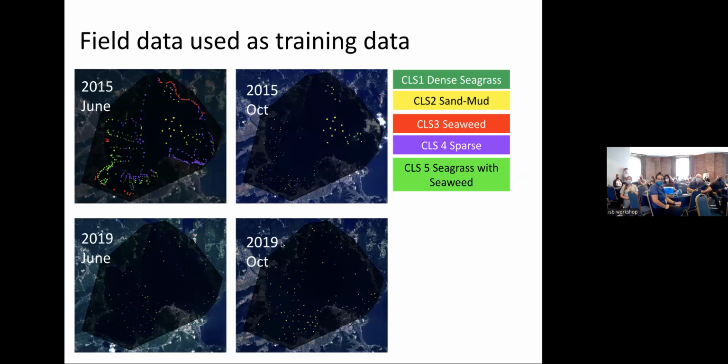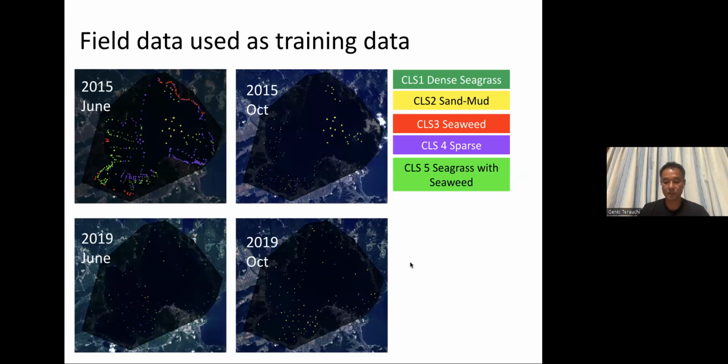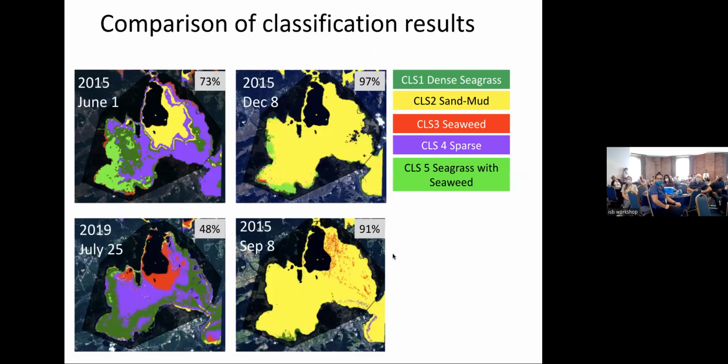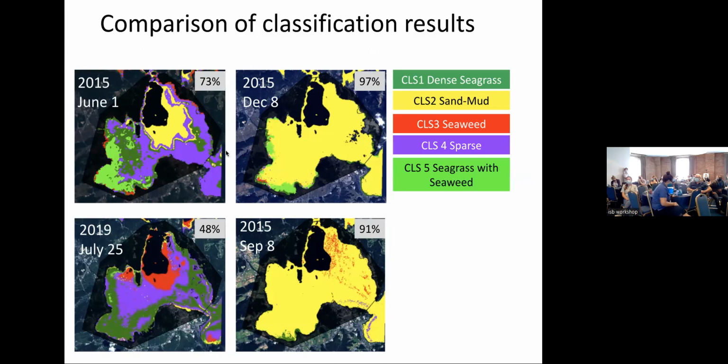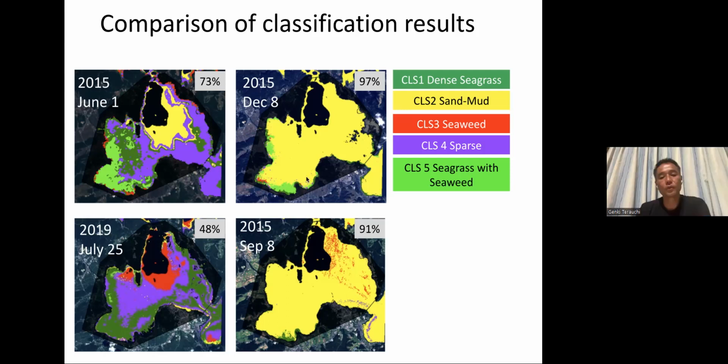After you have this data set, you are ready to do a classification in Seagrass Mapper. So these green patches here are seagrass beds, and there is some seagrass remaining even in December. Remember, there's a little time difference between the field data sampling period and the satellite image date.